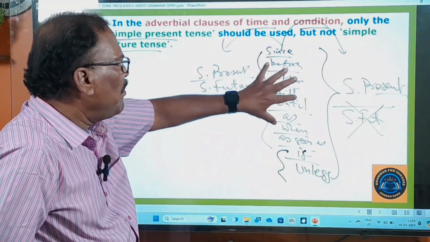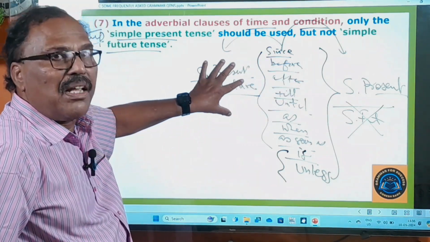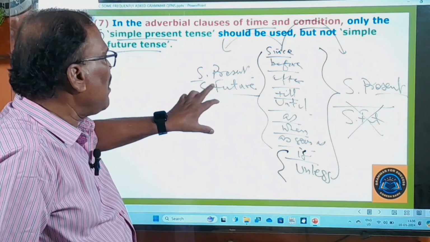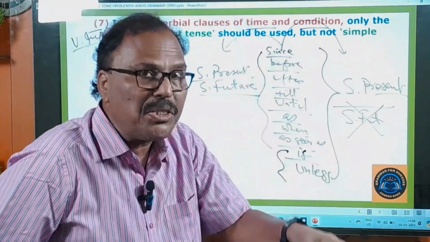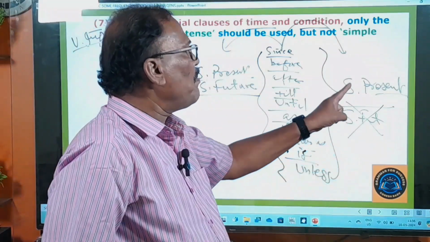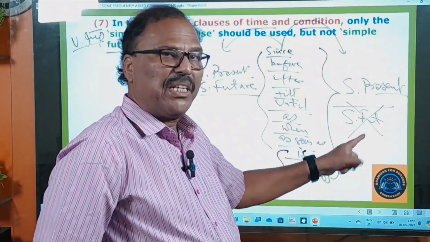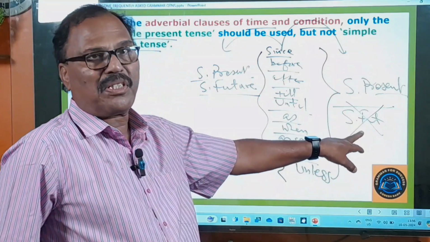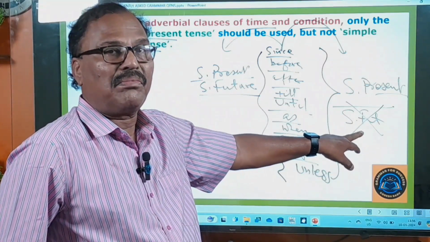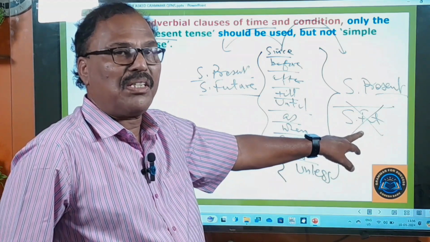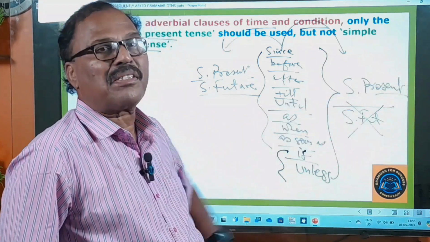Remember, before these conjunctions, if there is simple present or simple future, then after these conjunctions there must be simple present but not simple future. But in the examination, he will give you the simple future tense to confuse you, a wrong sentence.